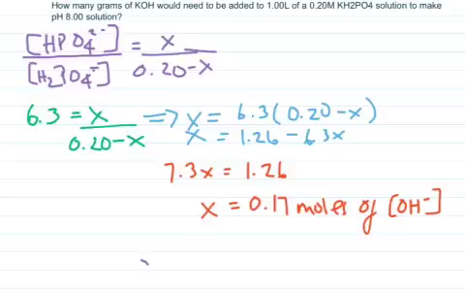Now you're probably wondering, hey Teresa, can't I just get rid of this minus x? No, because remember, this x from our reaction table represented HPO4 2-, and this 0.20 minus x represented H2PO4-. Alright, now that we have moles of OH-, let's find the grams of KOH.